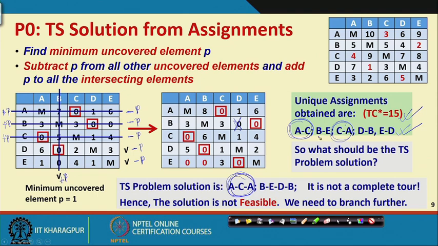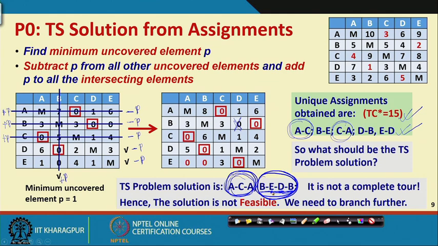There is another subtour, that is B to E, E to D and D to B. So, B to E, E to D and D to B. Can you see that we have got another subtour here, B to E to D to B. Is it all right? So, in this travelling salesman problem we basically have two subtours, A to C to A and B to E to D to B. So, we do not have a complete tour.